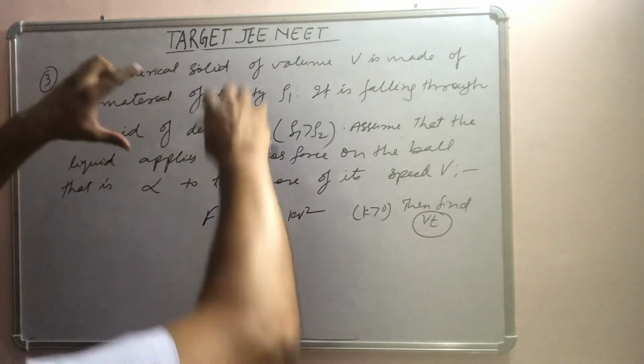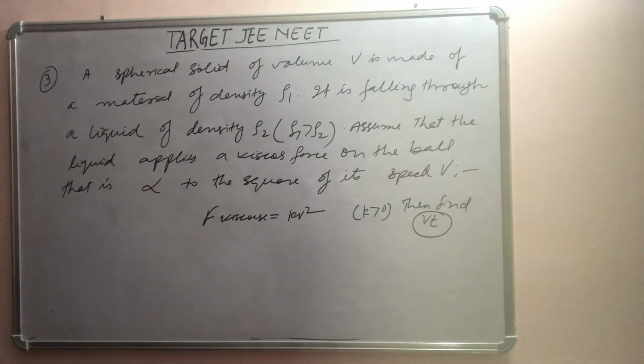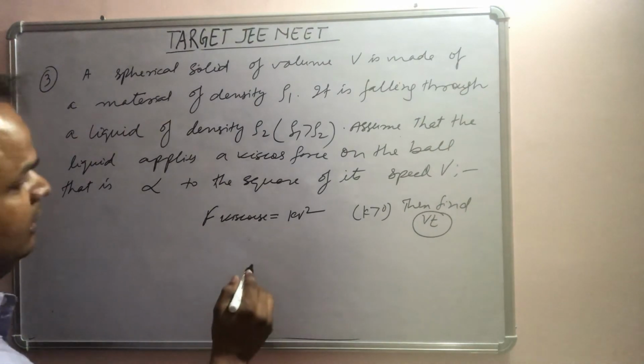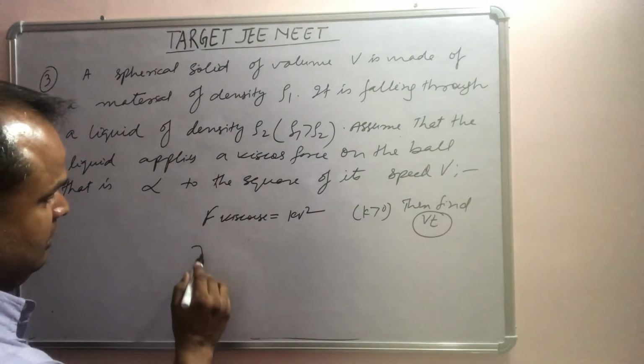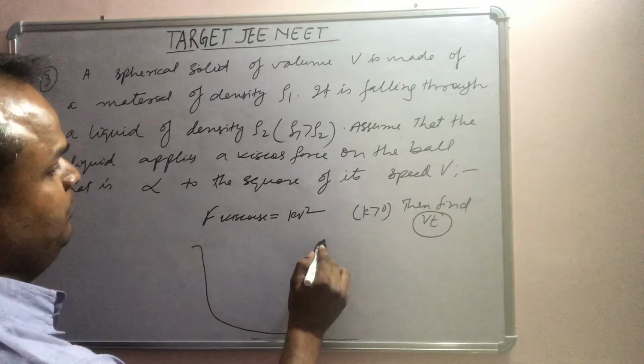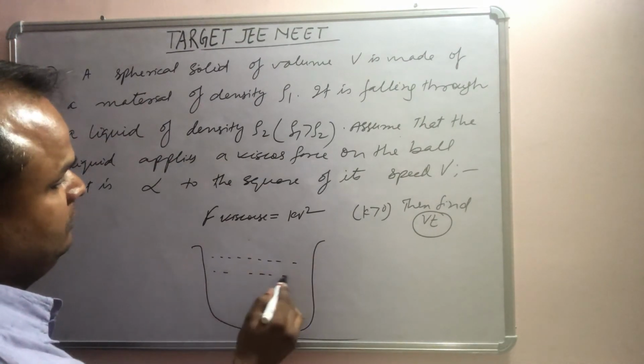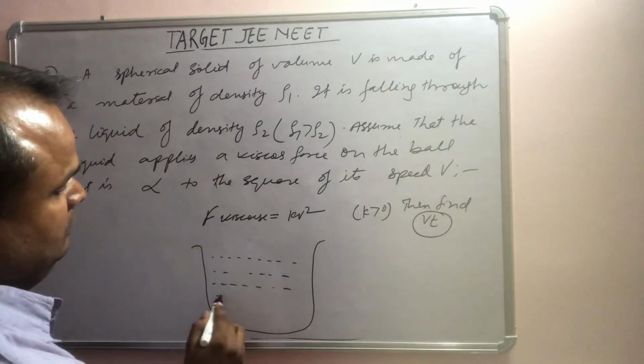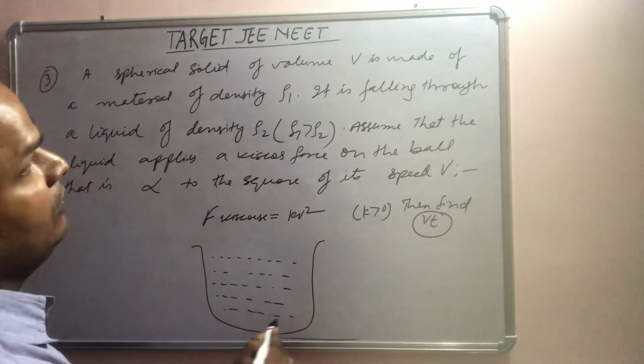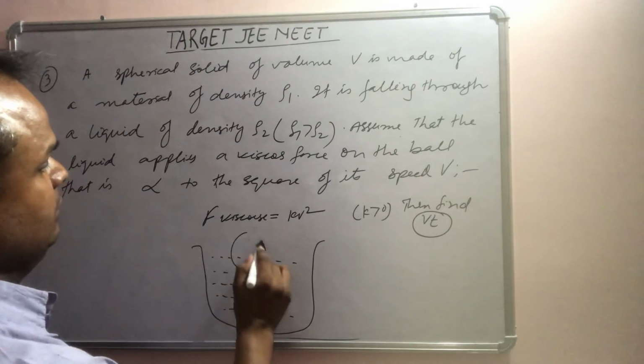This is a huge question, written with so many things, but if we make it precise, it says that suppose it is a bucket or any pot and it is filled with liquid. This is a spherical ball.